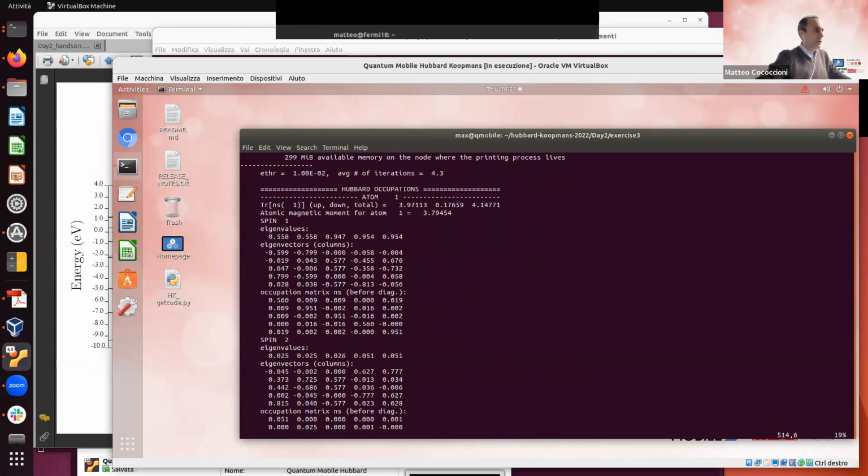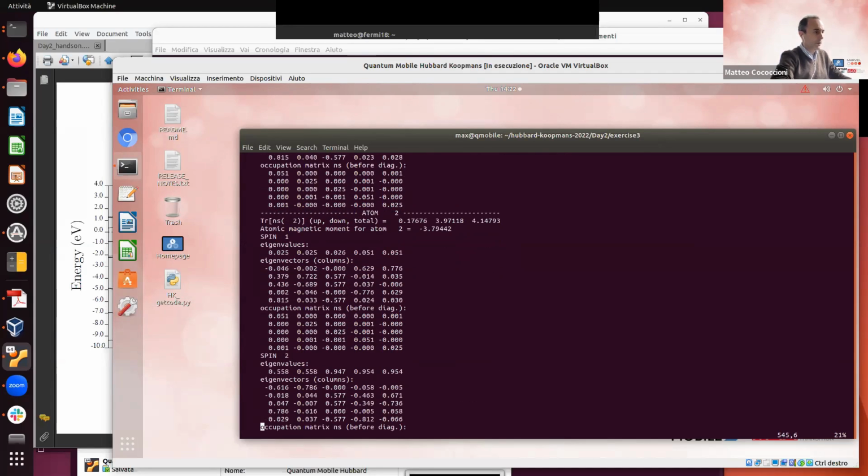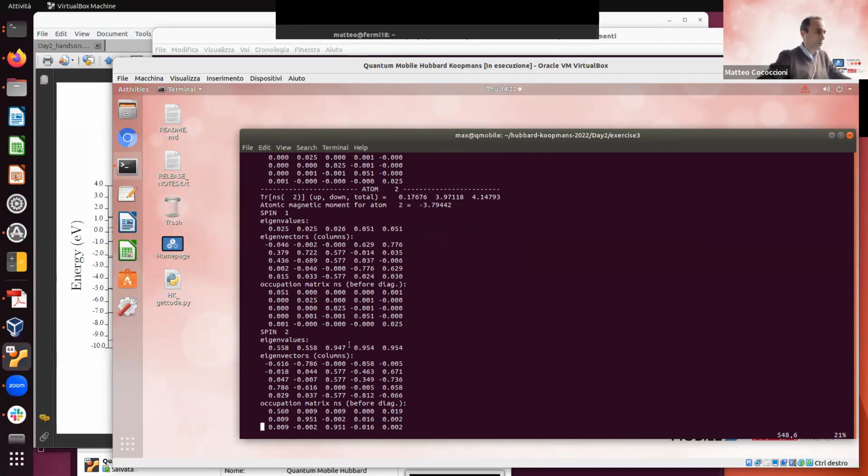You see here the state that we would like to put empty is the third one. That's the important information we need. So the first two we would like to make fully occupied, and the third one we want to suggest to be empty. And of course, this is for spin 1 of atom 1, but also for spin 2 of atom 2. They are the same atom type, but with the opposite spin, so the same information for both.